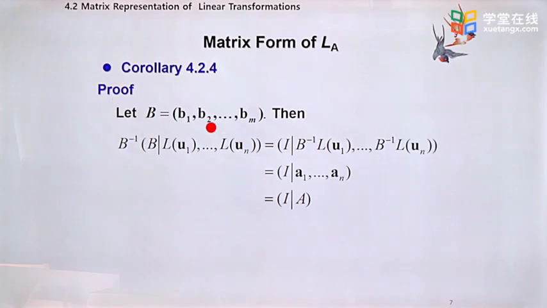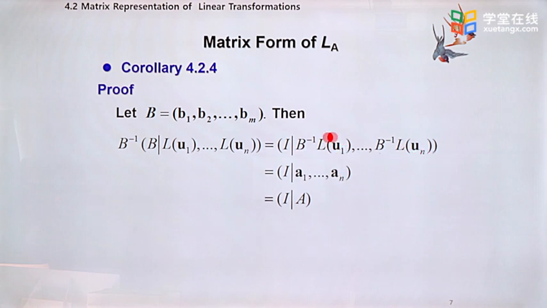Let B equal B1, B2 till Bm, this matrix. If you write this augmented matrix and transform the left part to identity matrix, then the right part is just B inverse L(U1) till B inverse L(Un).